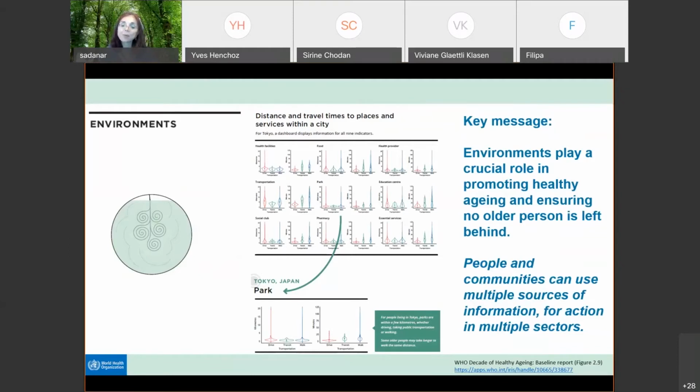But what's really important for this local data is that people can use information about their locality from multiple sources to develop actions and different programs. In the baseline report, we provide a lot more detail on how that is being done in different places.